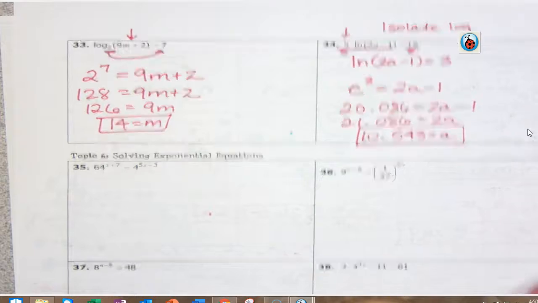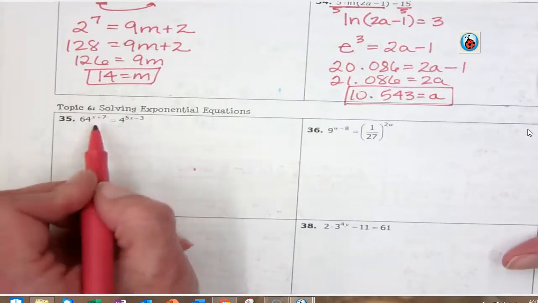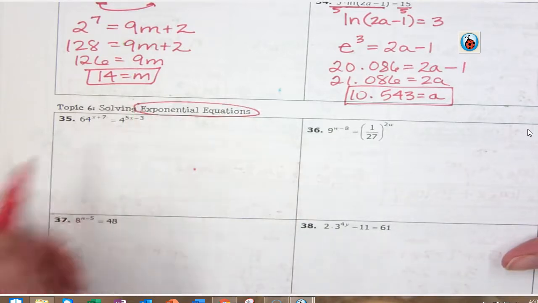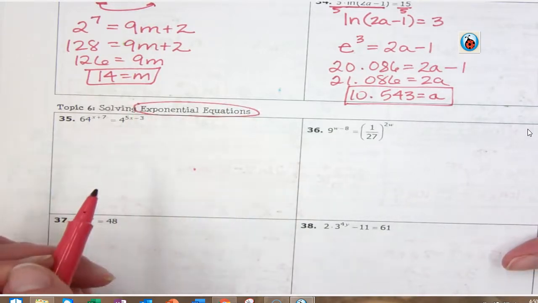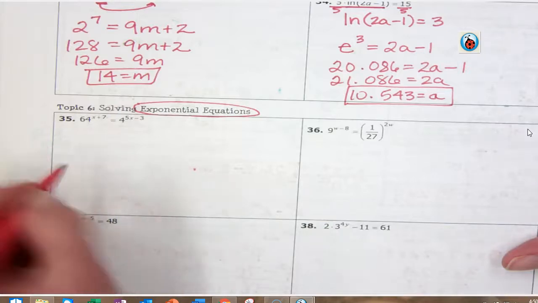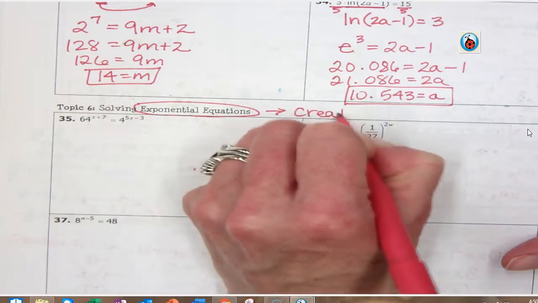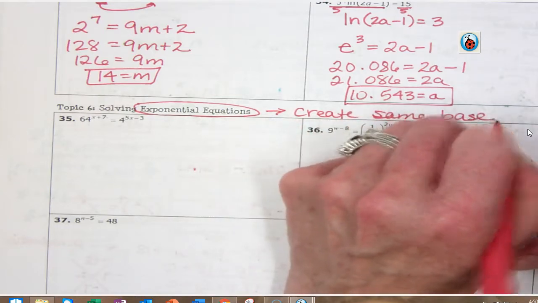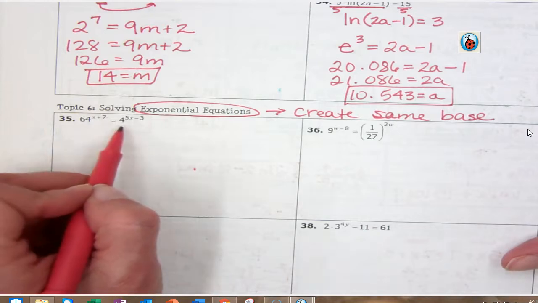Now, same type of thing. We've already done this, but you know, these are exponential equations. It's kind of a blast from the past. They do not have the same base. I need to create the same base, if it's not already the same. So I've got 64 and this base is 4.